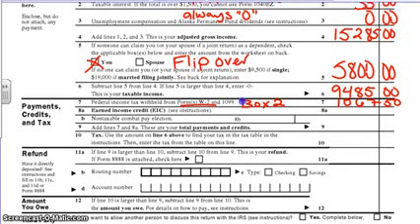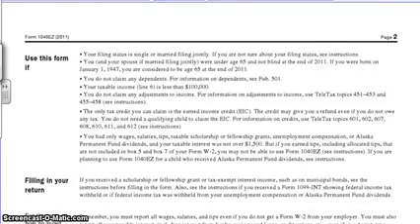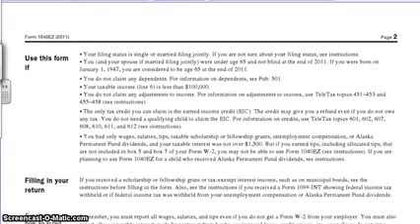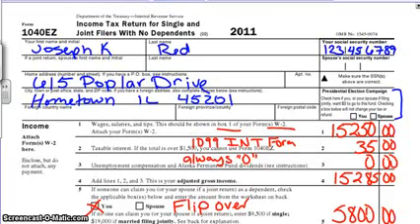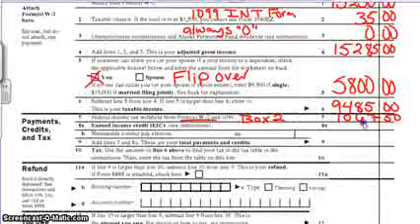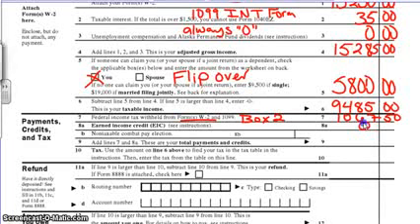Any earned income credit, okay? We do not qualify for this because if you take a look at the back side again, it has a section for earned income credit. Basically, if you are a dependent, you are not able to claim earned income credit. So we are going to say that line 8 is always going to be 0. I'm just going to make a little note, always 0.